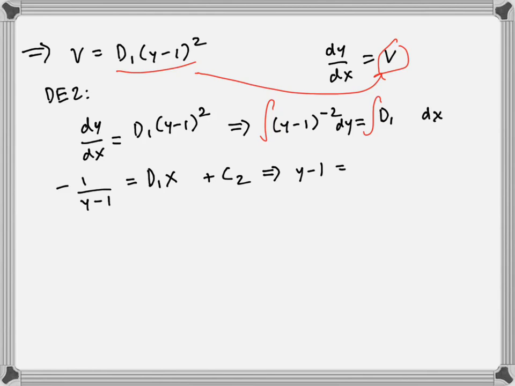And now let's go ahead and solve for y. We actually get 1 over negative d1 x minus c2, right? What I did was I multiplied the whole thing by negative. And then if I add 1 to everything, I get the following. Adding 1 means I'm adding 1 to the expression, and so you end up with the following.